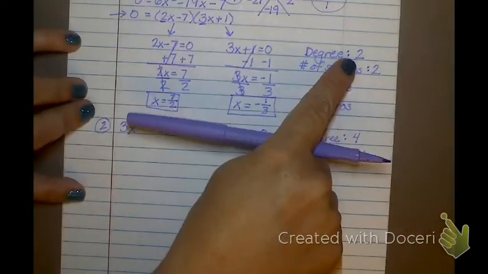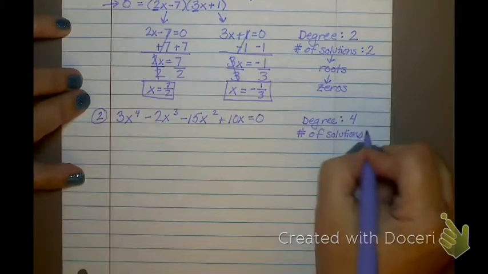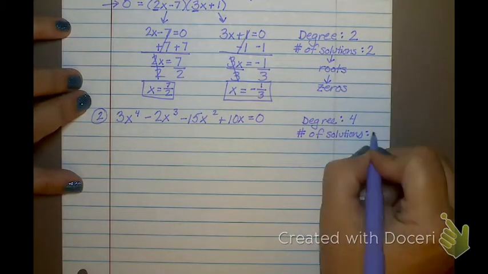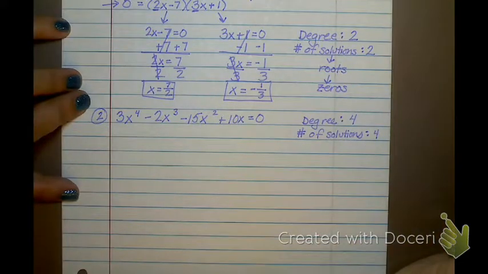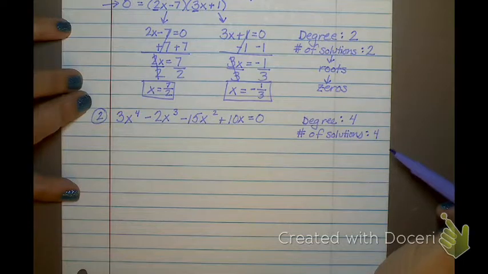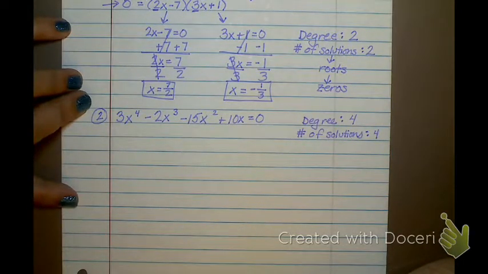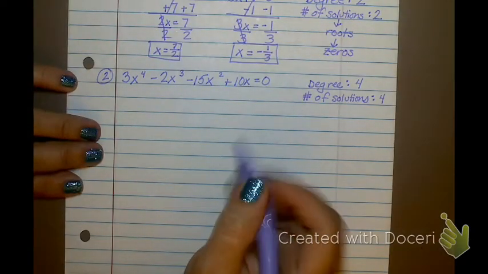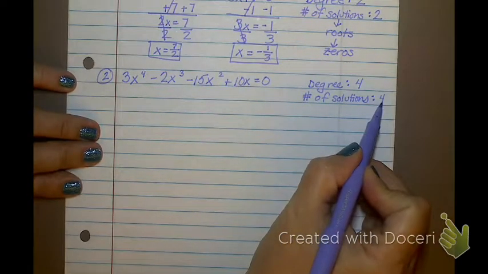Well, if I had a degree 2 and I found 2, do you think I'm going to find 4 here since it's a degree 4? Yeah. That's actually something really important. Knowing the degree is the same as the number of solutions. It's actually called the fundamental theorem of algebra. It's that important in algebra. I'll define it a little more in a minute. So I'm going to be looking for 4 answers.